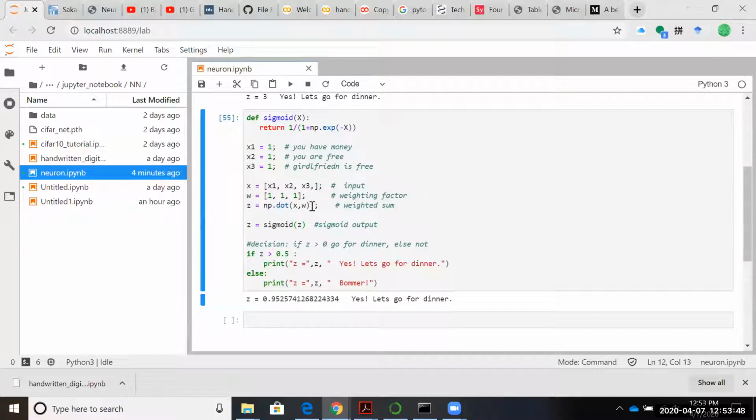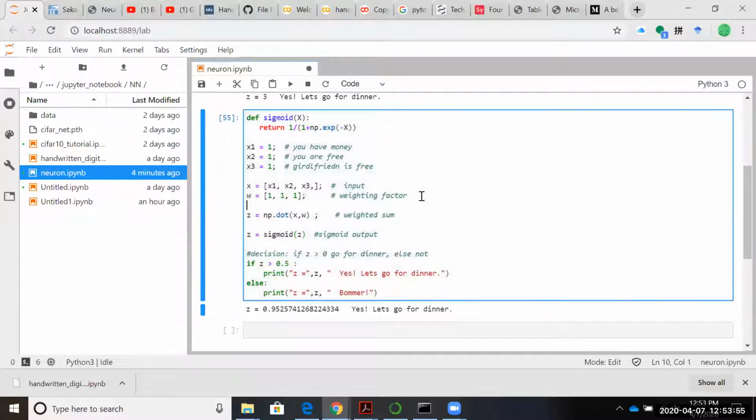I haven't implemented a bias yet, so let's say without bias for a moment. Well, in fact, we can put the bias here. So we say bias equals 0 for a moment, and then let me say plus a bias. Then I'll get z, and z gets transformed to sigma z.